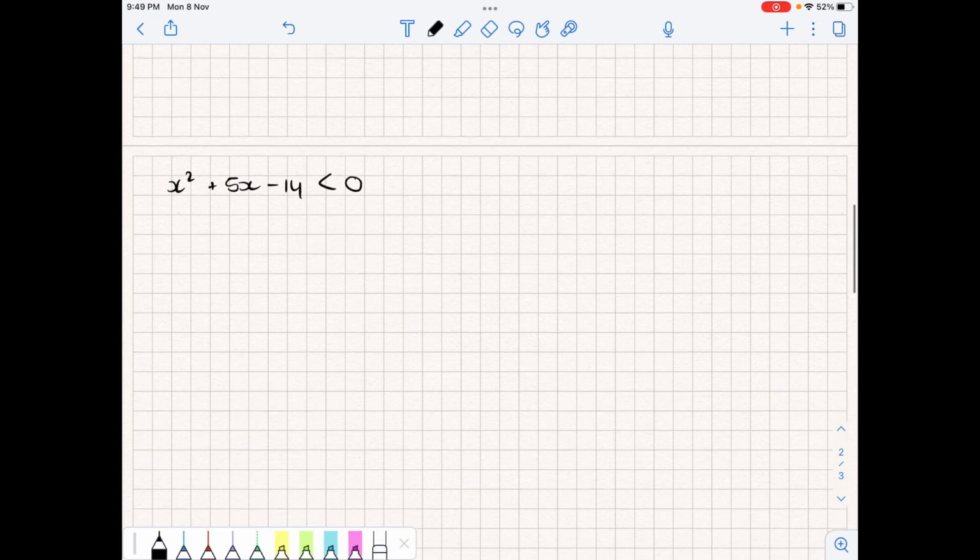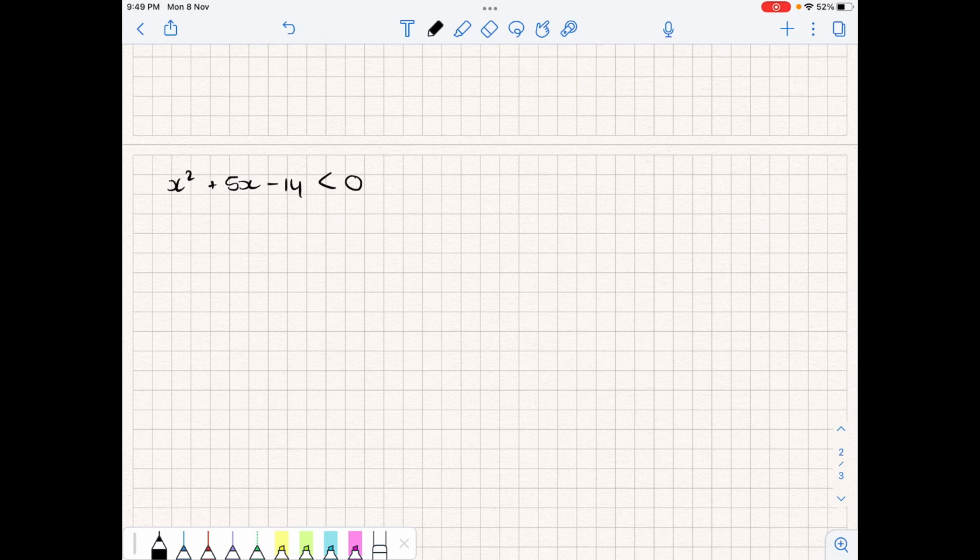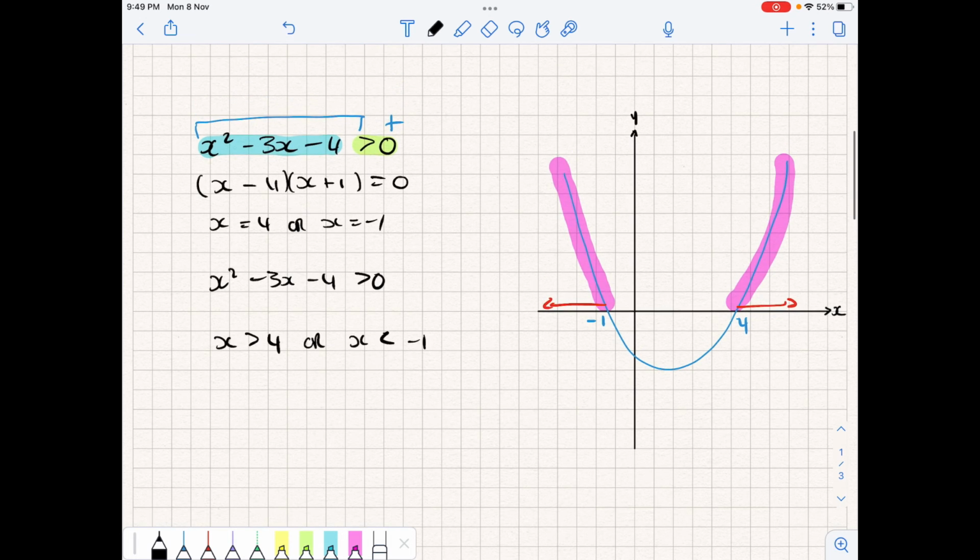Okay, let's look at another example. Now, it would be very tedious if we had to always graph a quadratic if we were trying to solve a quadratic inequality. However, if we go back to the one where we've graphed it, you can see that in actual fact the only thing we were interested in were where the intercepts were.